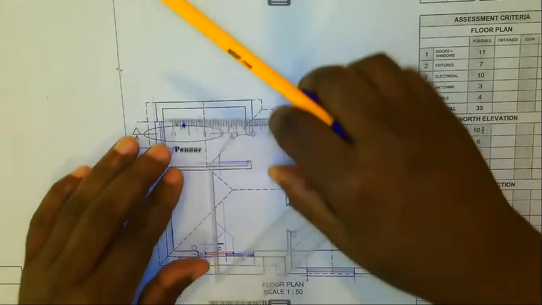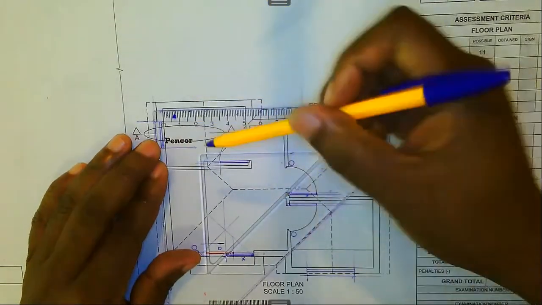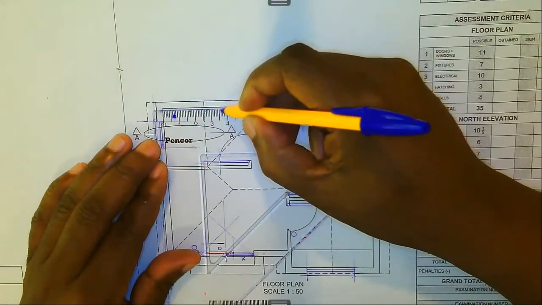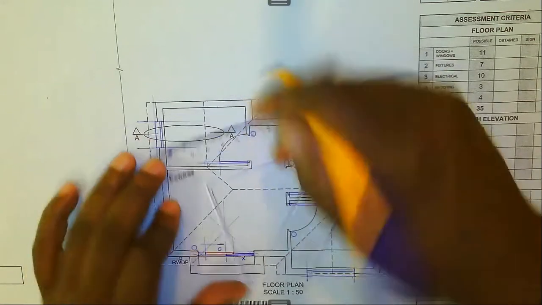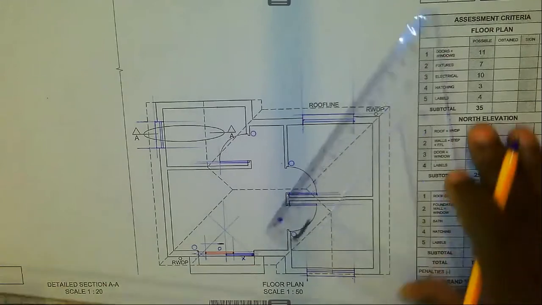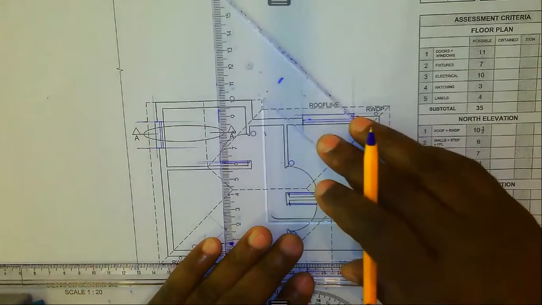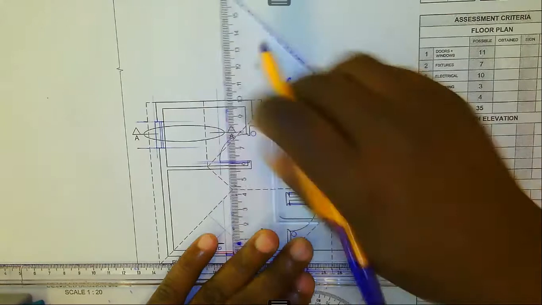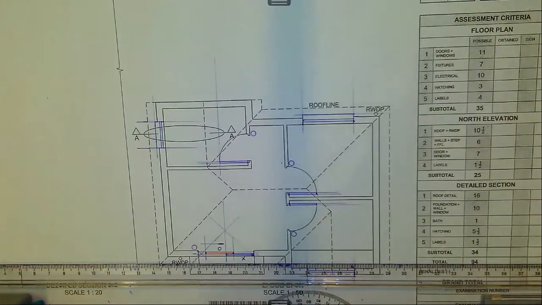So we are going to measure from here to there, 34. Then a faint line like that.